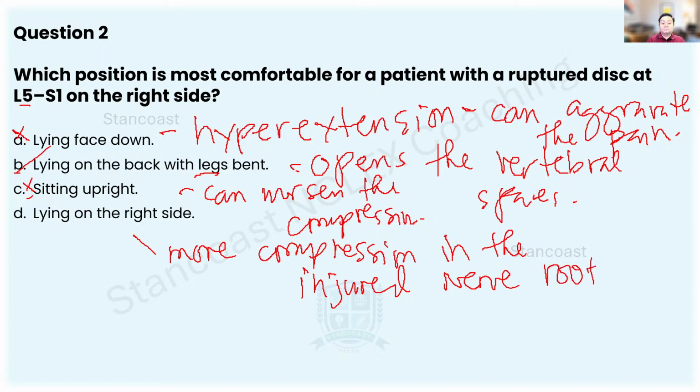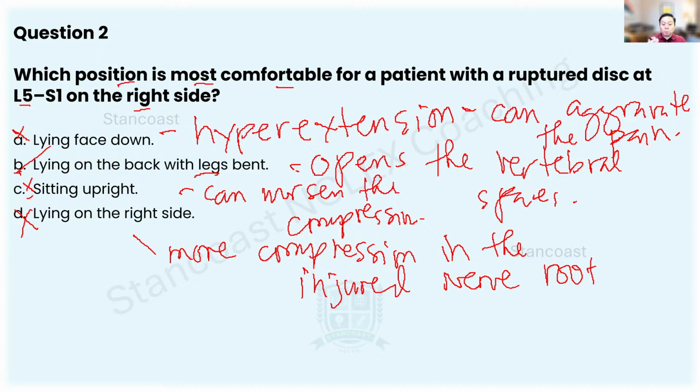So let's go back to our answer, which is letter B. The best position for this patient that could be promoting more comfort. The question basically is asking which position is most comfortable for this patient with a ruptured disc. So of course, if it is towards the right side, the goal here is to prevent more compression. And this is why letter B is going to be beneficial.